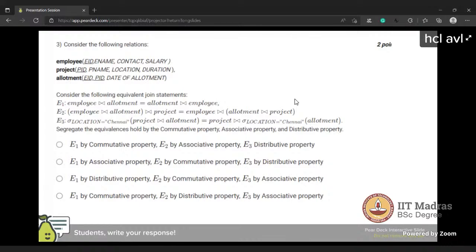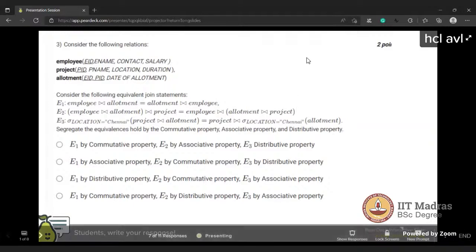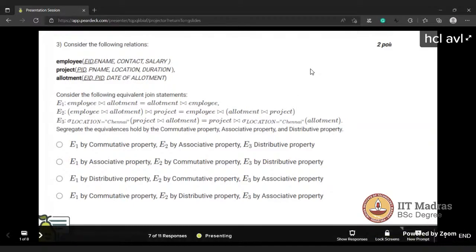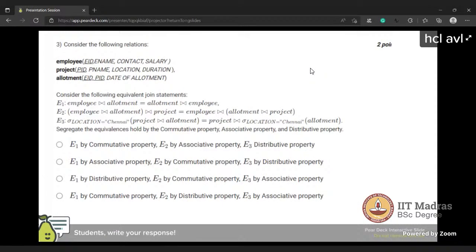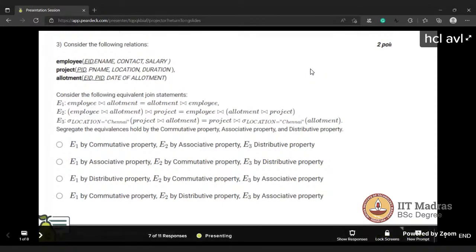That is project. Yes, there is one mistake here. So this property applies to sigma location equal to Chennai on project, and allotment natural join allotment, right? I hope this question is clear to everyone.